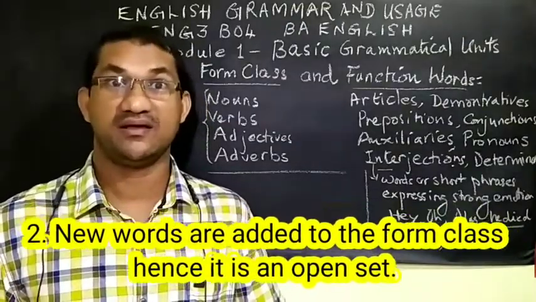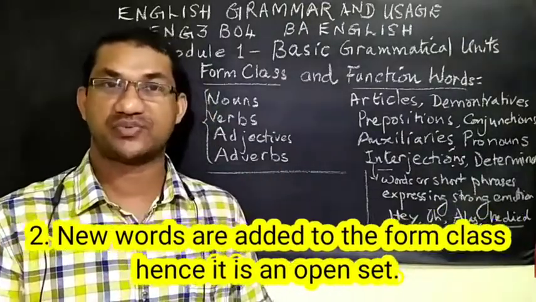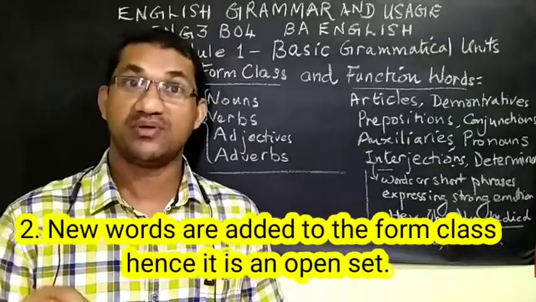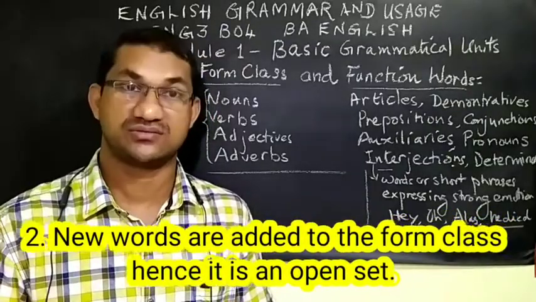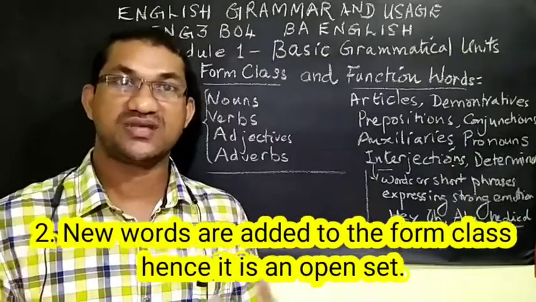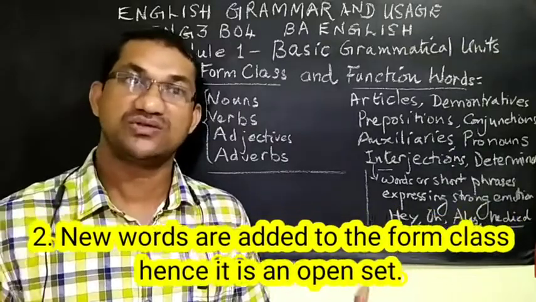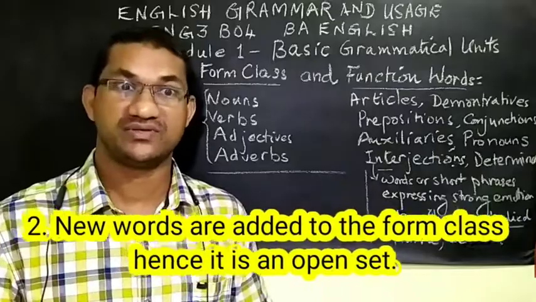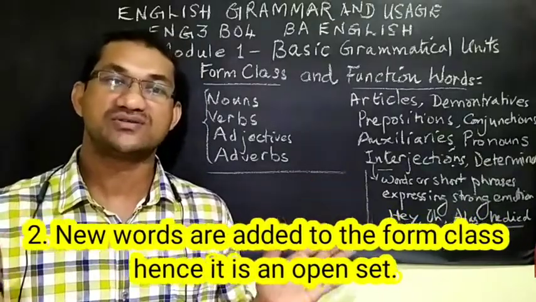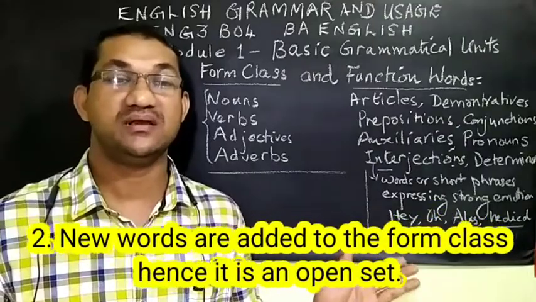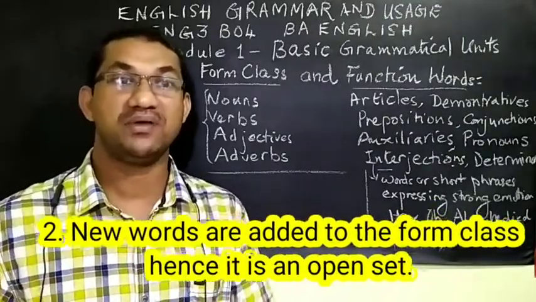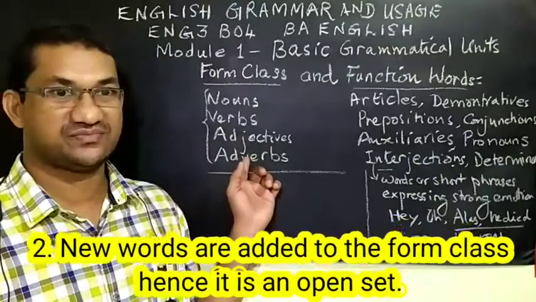Day by day, through spoken and written expressions, a lot of people writing in English introduce new words, medical terminologies, scientific terminologies, and all these become part of the English language. So form classes are open set. What does it mean? New words can be added to form class.